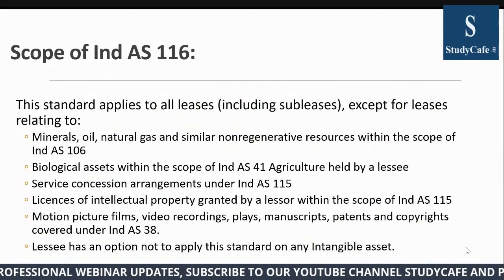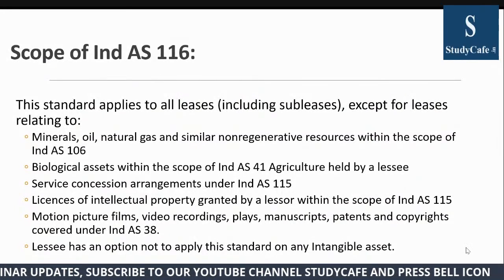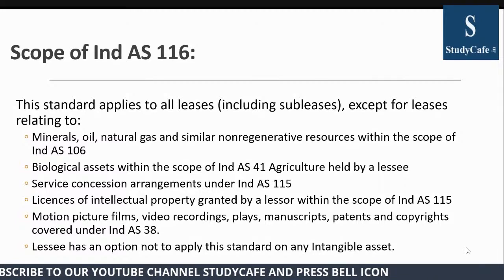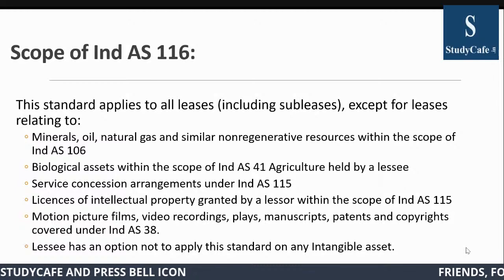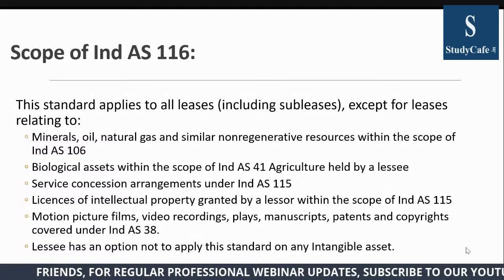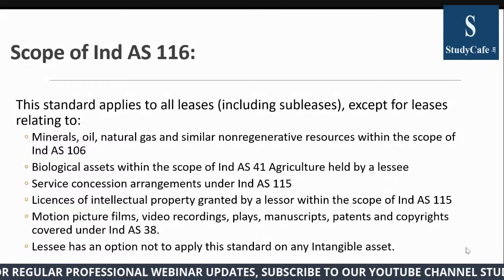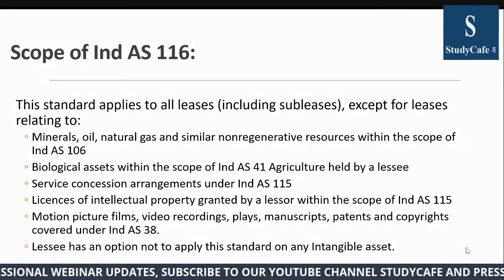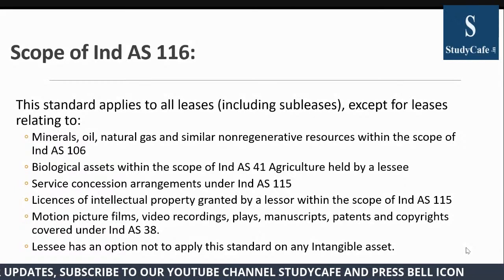Now let's move on and understand the scope of Ind AS 116. Ind AS 116 clearly applies to all leases, including subleases that we will discuss later in this session, except for leases relating to minerals, oil, natural gas, and similar non-regenerative resources, which are within the scope of Ind AS 106.